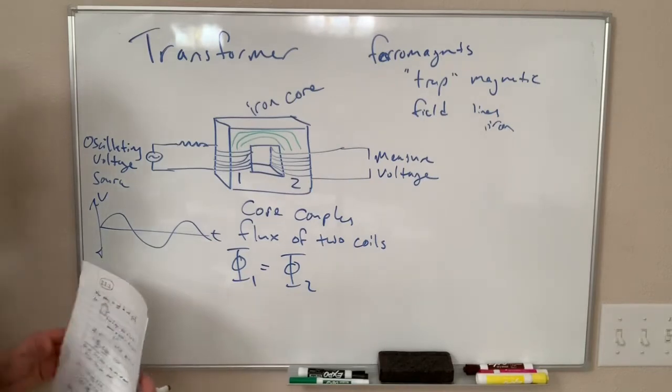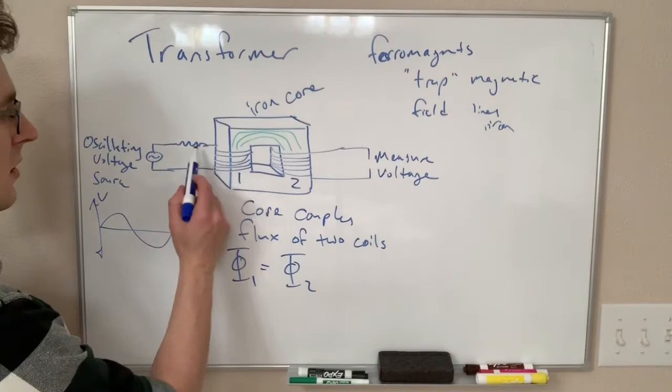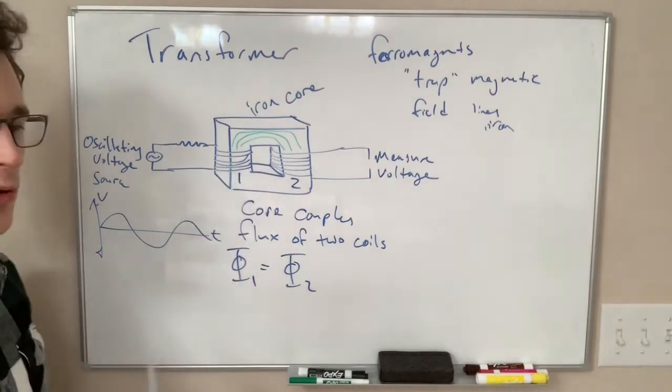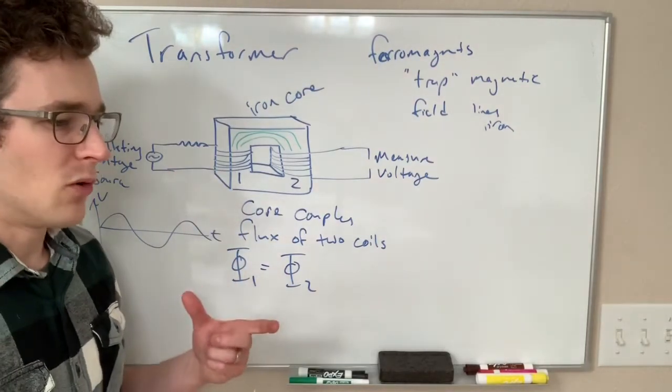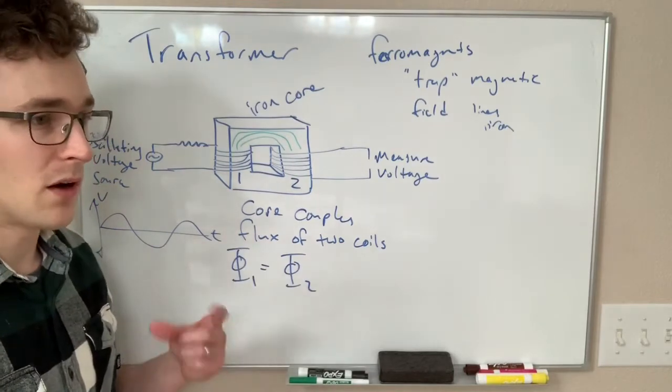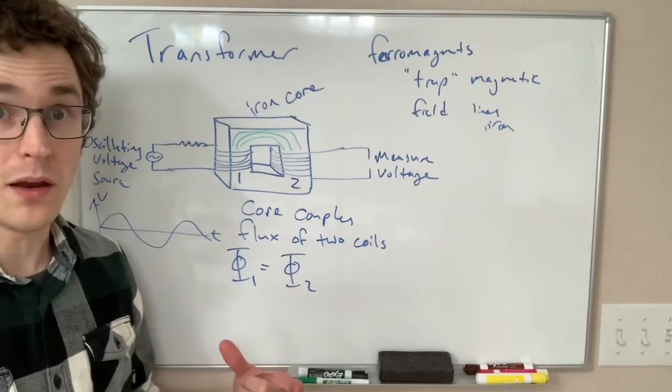And the flux we get depends on the number of turns we have around this. So remember, in the last lecture, when we had a coil of wire, Faraday's law gave us this extra factor of N, right?